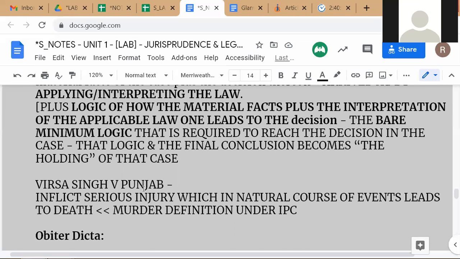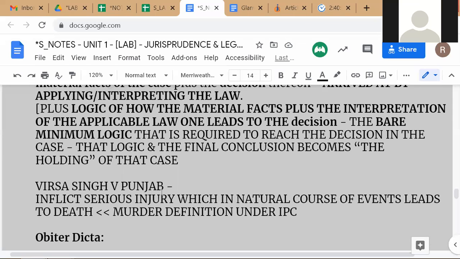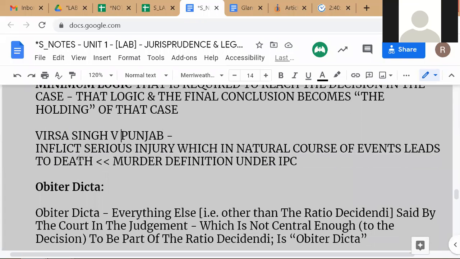A question arose, because the defense lawyer for Virsa Singh was saying that this guy did not actually directly kill the other person, but he inflicted a very serious injury, of such a type that in the natural course of events it leads to death. This is basically what was happening in the case. The judge was Vivian Bose, actually.